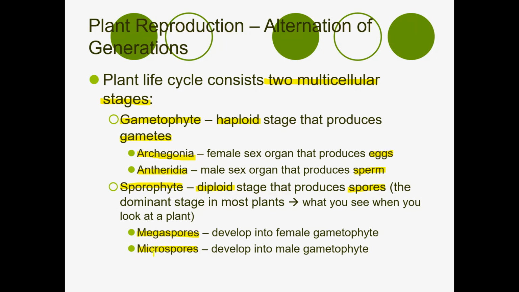And sperm are little, they're tinier than your egg. So the micro is going to go with the male, okay? So your female are going to be your Archegonia, that's your female gametophyte. And then your sporophyte is going to produce megaspores that will become that female gametophyte, all right? Then your Antheridia are going to be your male gametophytes that produce the sperm. And then your microspores will be the spores that will develop into the Antheridia, okay?